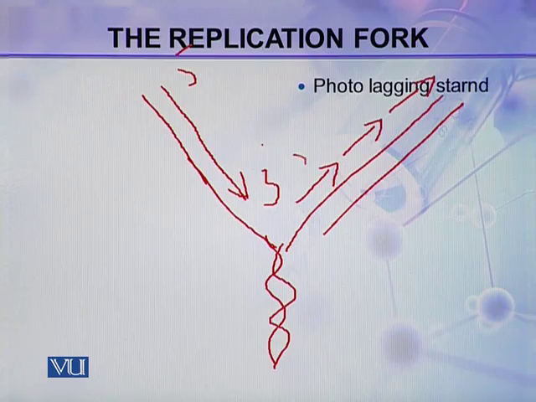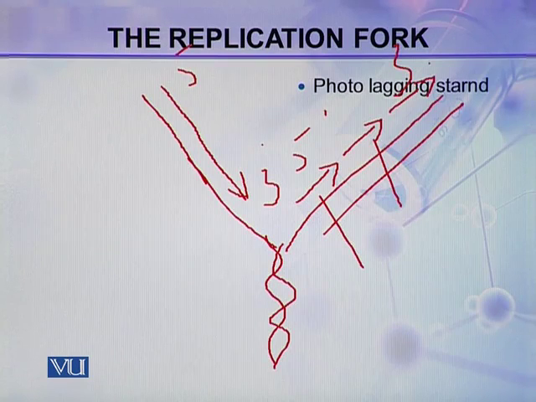This is 5 to 3 prime. These fragments are called Okazaki fragments, and after synthesis these fragments are joined.